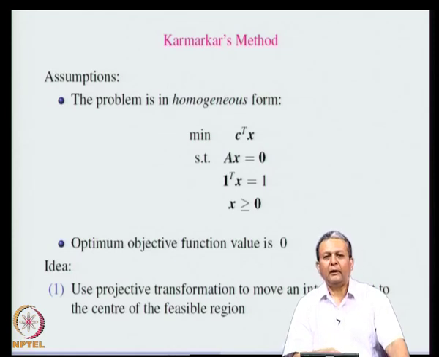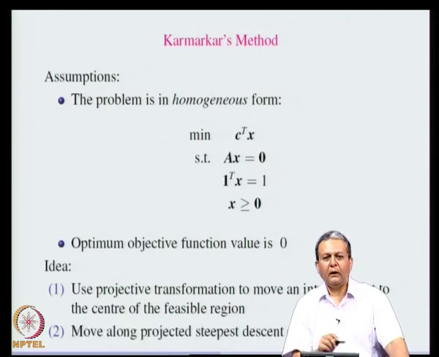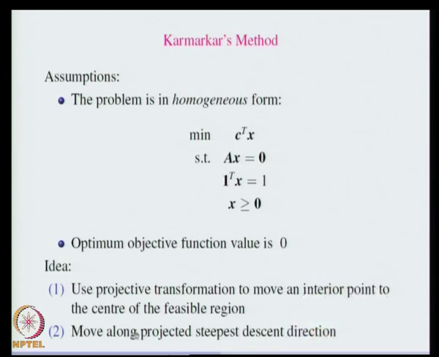Now, in affine scaling, we moved the input point to the point which contains all ones in the y space. In Karmarkar's method, the point is moved to a point where in n dimensional space every coordinate has a value 1 by n, and then as was the case in affine scaling, we move along the projected steepest descent direction.